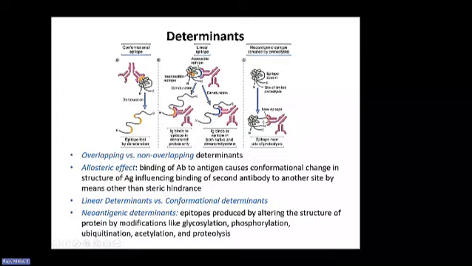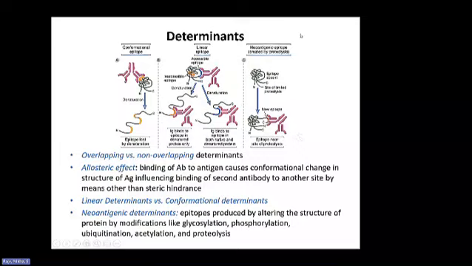And then there are some epitopes called neoantigenic epitopes, which means in its natural form, the epitope is absent. But when it gets denatured or there's proteolysis of that protein, there are some parts that are broken down, because of which then there is a new epitope that's created because of that proteolysis.